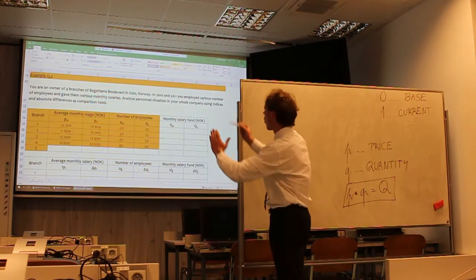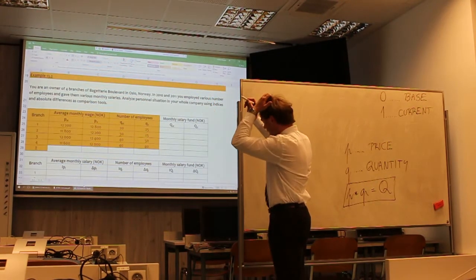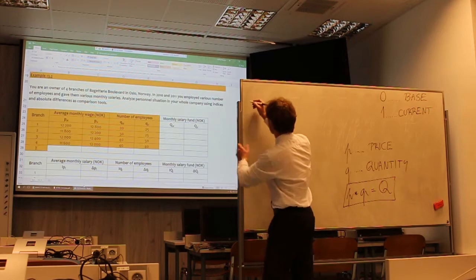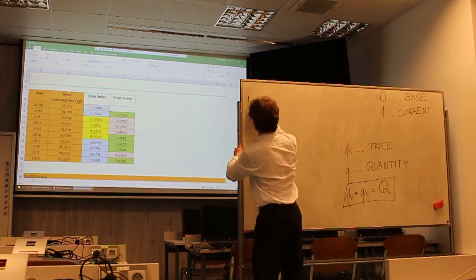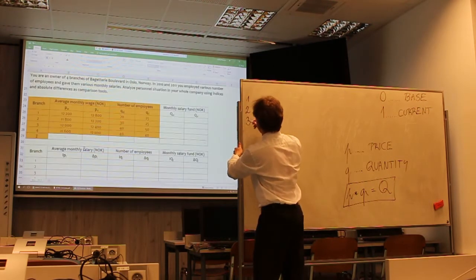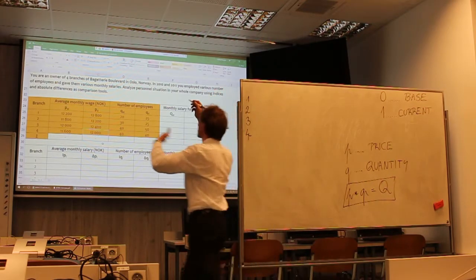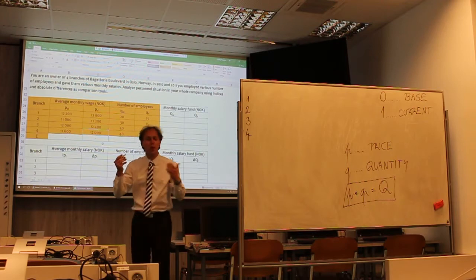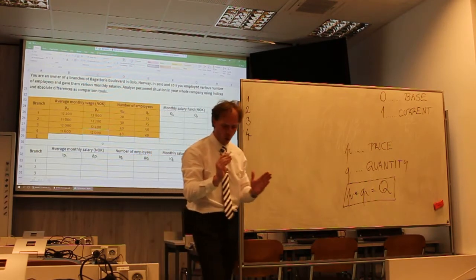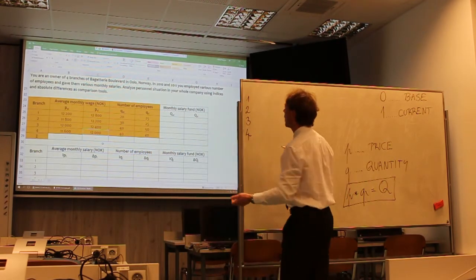Okay, so I will rewrite the data on the whiteboard. First, second, third, and fourth office, and average monthly wages. This is the price of labor force, the wage, the salary.